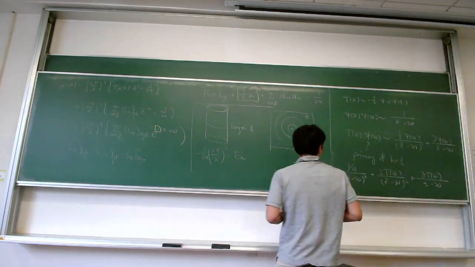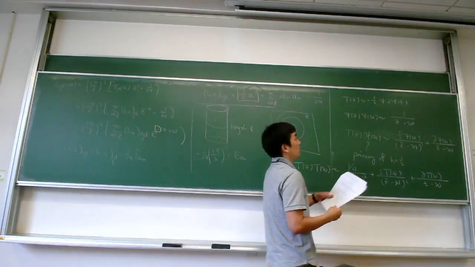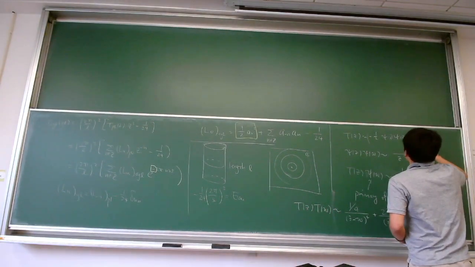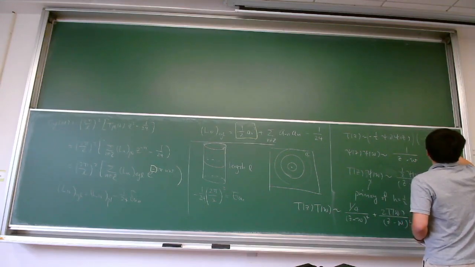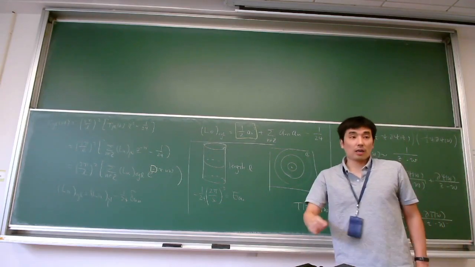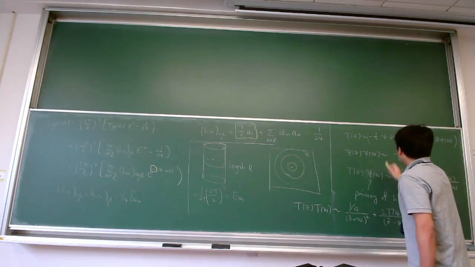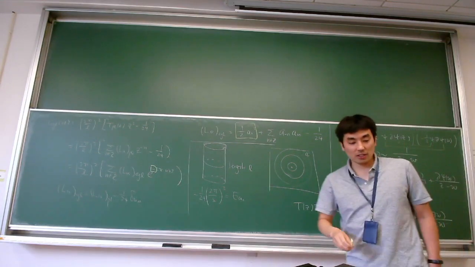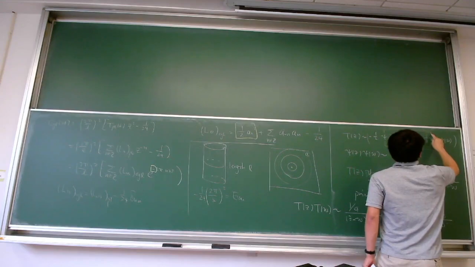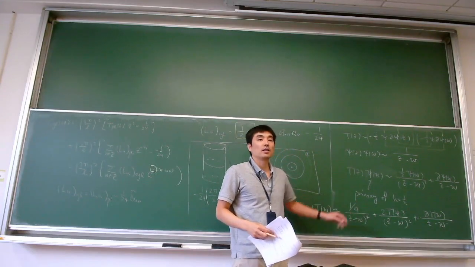So if you do the honest computation by using this one, you just have a minus 2W, then you have, either this way or this way, to get the most singular term.